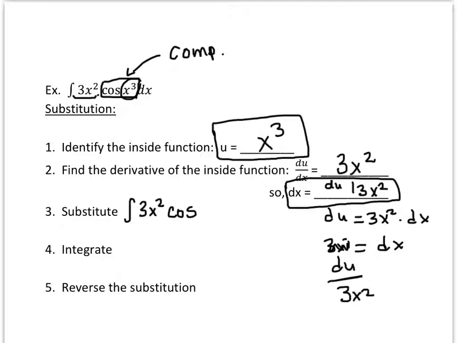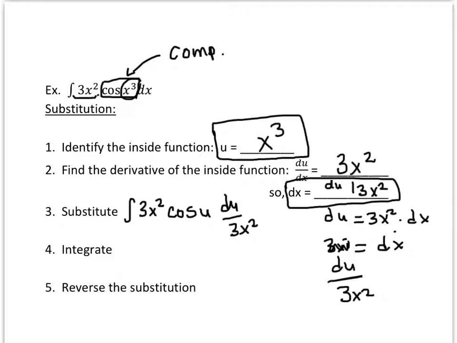X cubed is one of the things I'm substituting. It becomes u. Dx is one of the things I'm substituting. It becomes du divided by 3x squared. So again, the only things I'm substituting for are x cubed, the original choice, the inside piece, and dx.